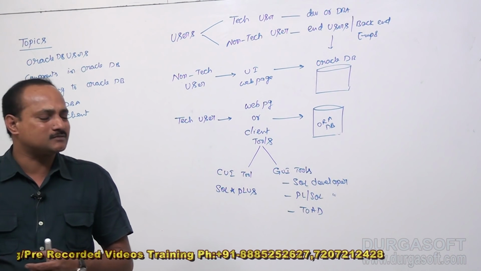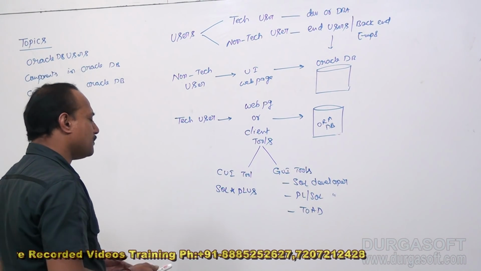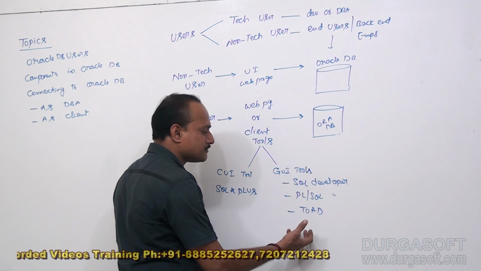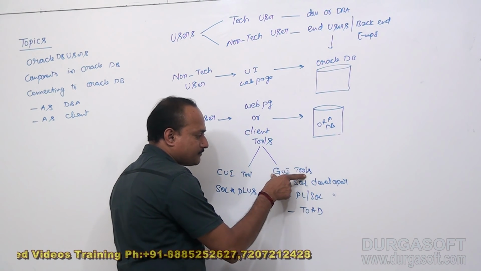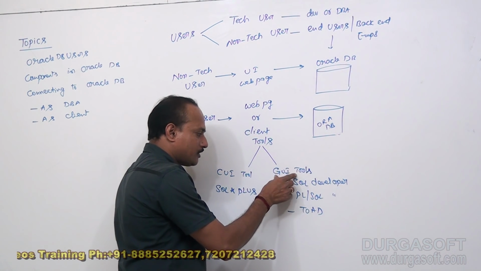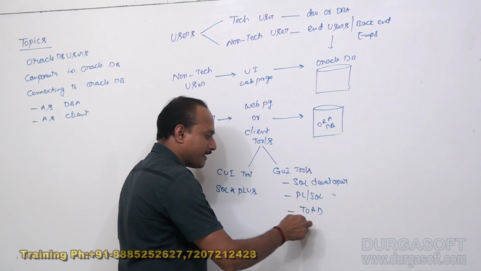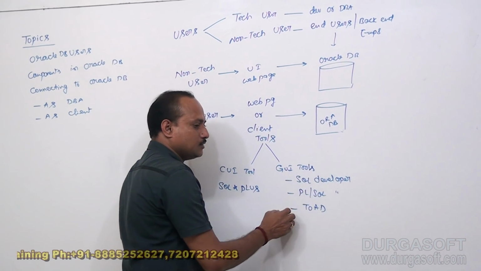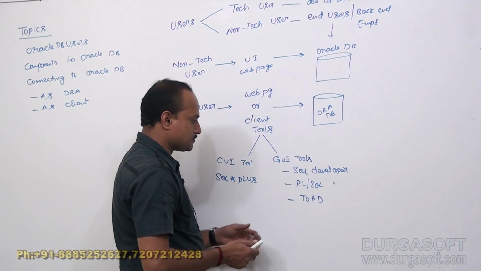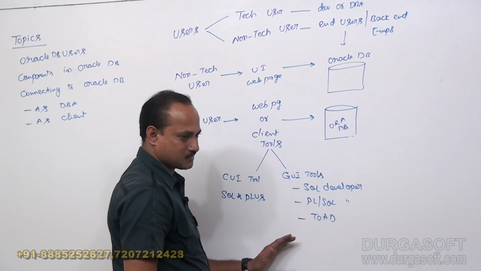You don't have to type a command to create any object. You can make a request to the database through graphical objects in these tools. This is the advantage of graphical user interface tools.